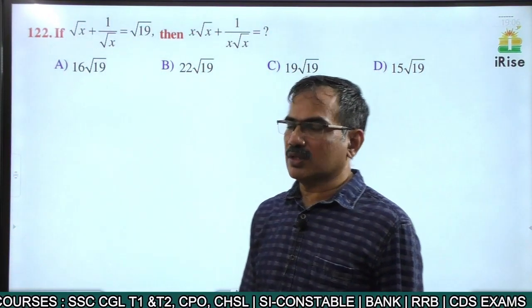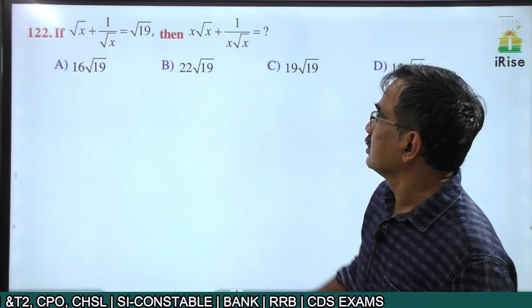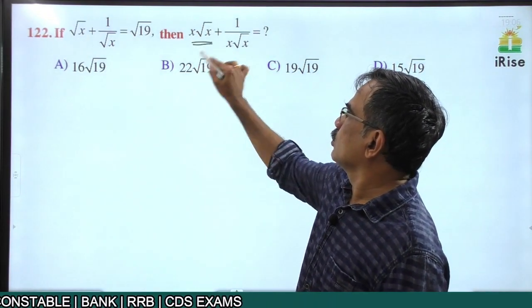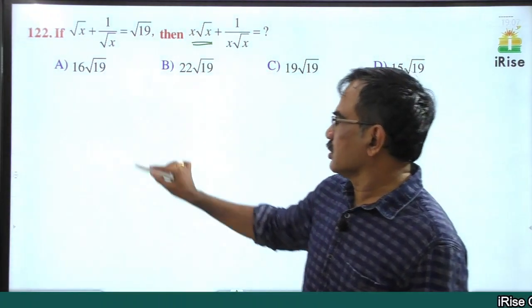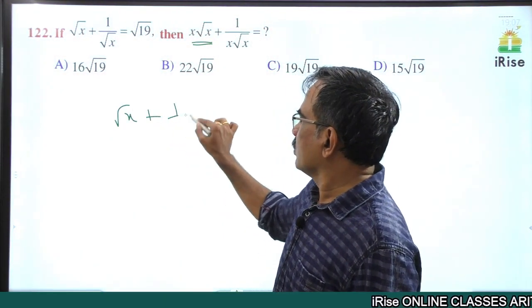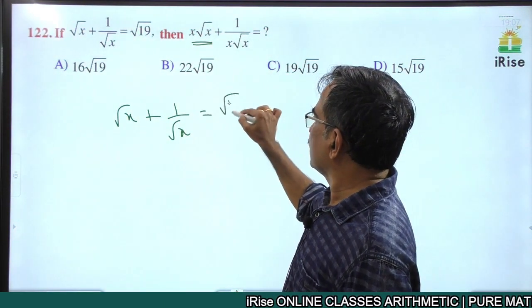If √x + 1/√x = √19, then this is nothing but (√x)³ and this is (1/√x)³. √x + 1/√x = √19.